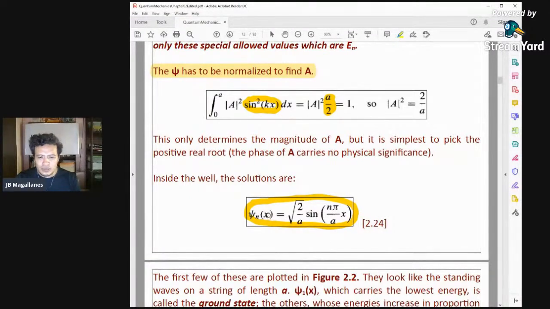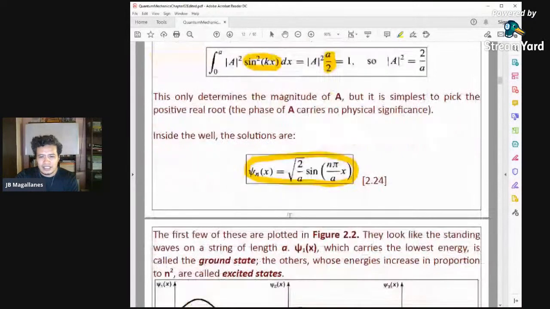The ground state energy would be n is equal to 1, not n is equal to 0, because n is equal to 0 is not allowed because it will make your wave function trivial. So n is equal to 1 will be your ground state, n is equal to 2 will be your first excited state, n is equal to 3 will be your second excited state, and so on.